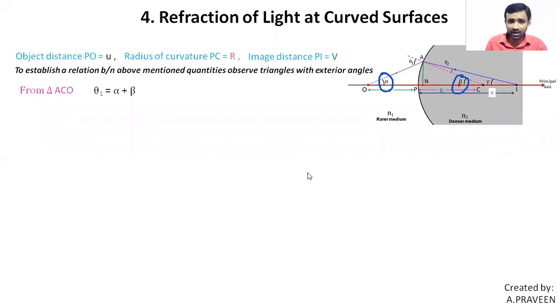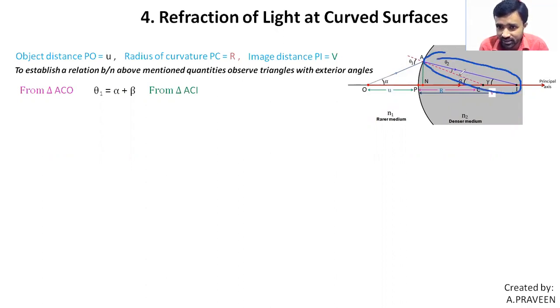So here I have one more triangle with an exterior angle, that is triangle ACI. In triangle ACI, the exterior angle is beta, right? So exterior angle beta is equal to what? Sum of the two interiors, theta 2 plus gamma.